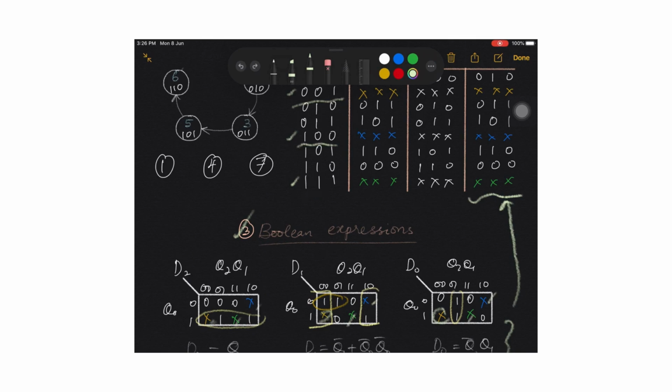Let me clear the scribble first. We know that don't cares can be either 0 or 1. If a don't care is included in a group of the K-map, it is treated as 1, and if a don't care is left out from the group, it is treated as 0.